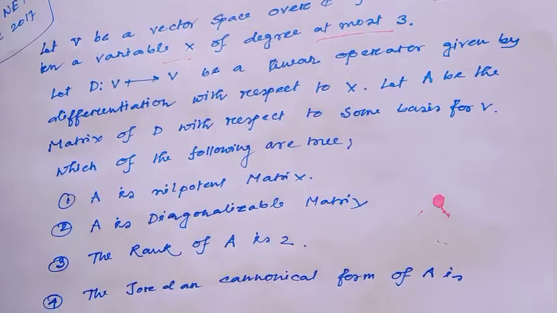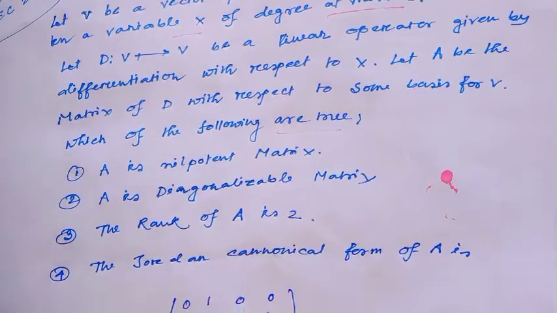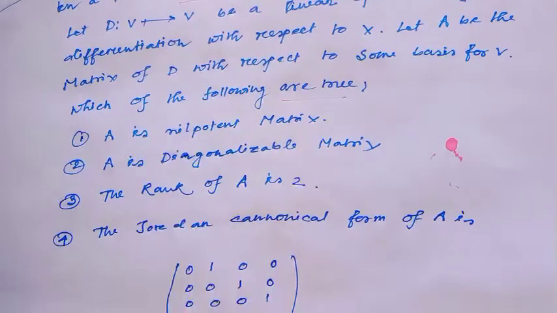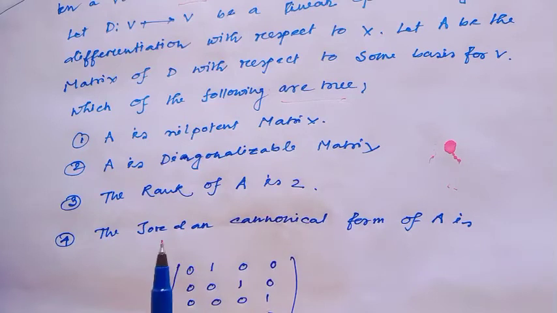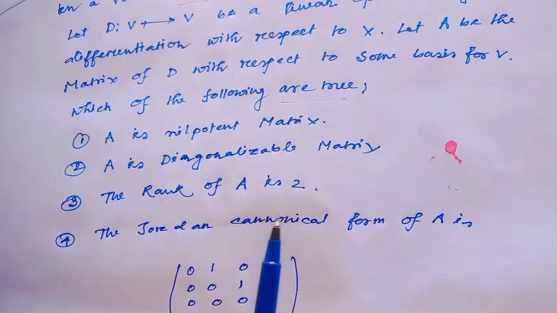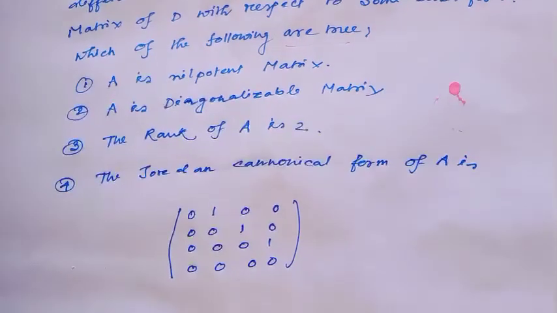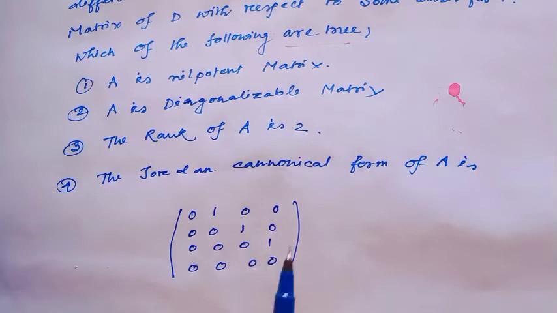Then which of the following statements are true? Option 1, A is a nilpotent matrix. Option 2, A is a diagonalizable matrix. Option 3, the rank of the matrix is 2. Option 4, the Jordan canonical form of the matrix A is this matrix.